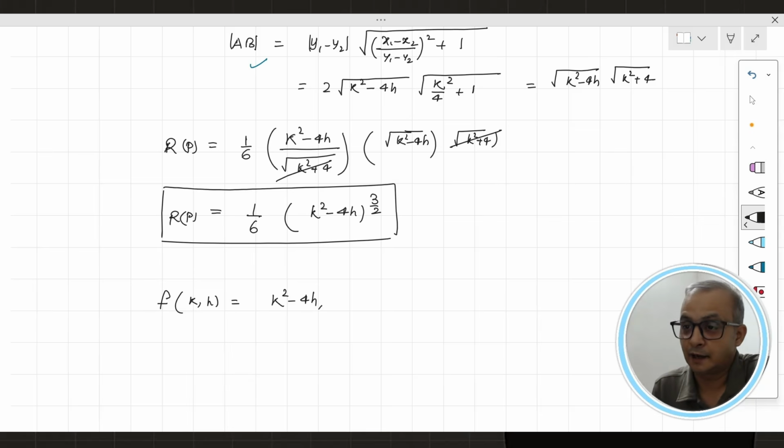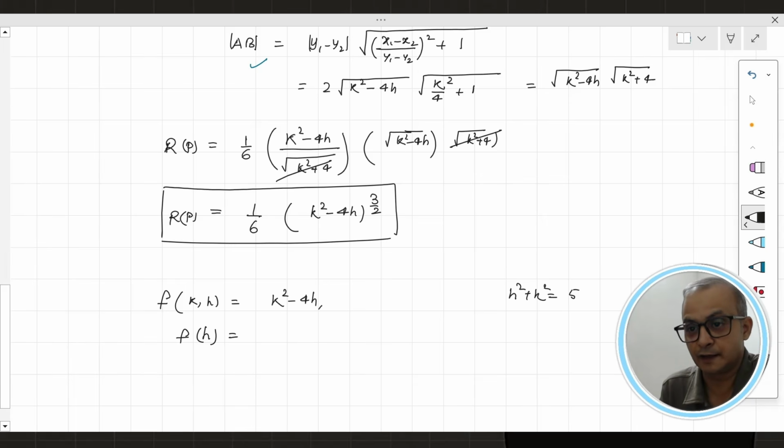Now remember, I had h square plus k square is equal to 5. So it's convenient to substitute k square as 5 minus h square. So now we'll turn it into a function of h, and this is going to be 5 minus h square minus 4h, and this is a pure quadratic.